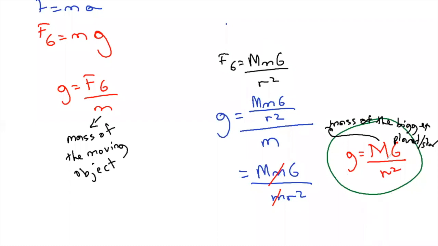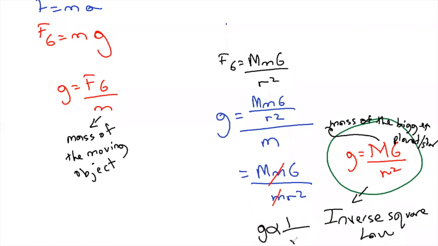And this formula is called the inverse square law. Why? Because we know that M and G are constant, and I can say that g is inversely proportional to r squared. So the larger my radius, the smaller my g.